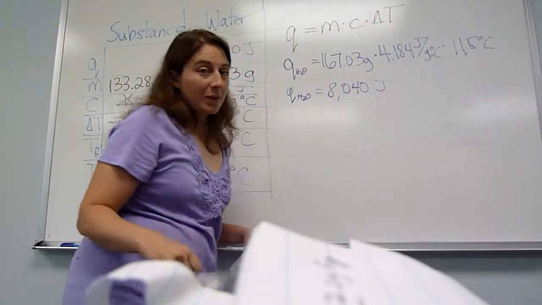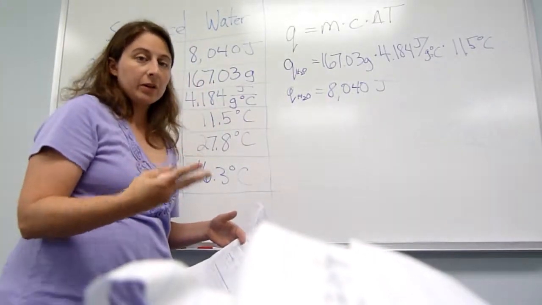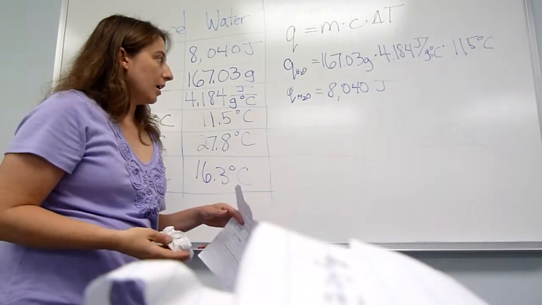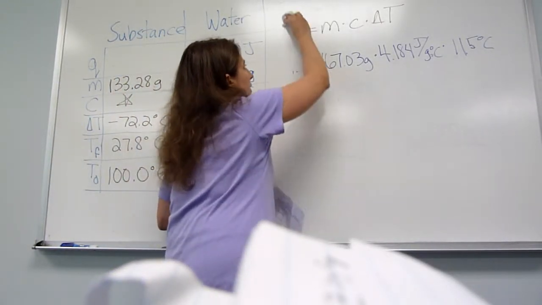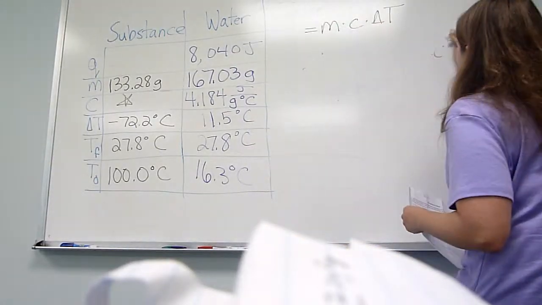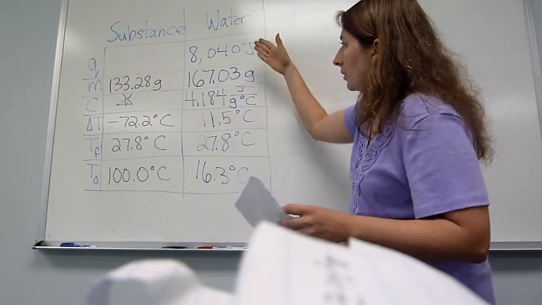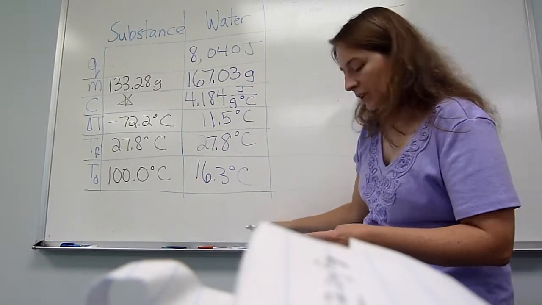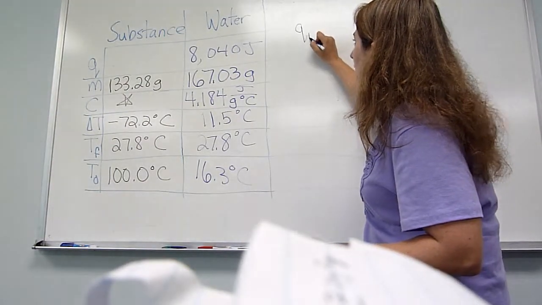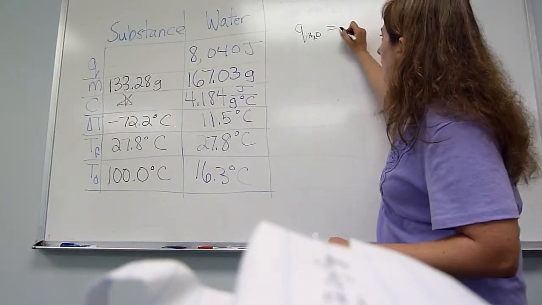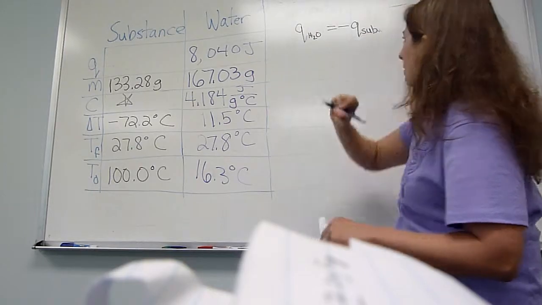And in this case, it's not a metal, just so you know that everything that is a pure substance, an element or a compound, everything has its own characteristic specific heat, not just metals. Okay, so now that we know Q of water, our other important calorimetry equation: all of the heat that the water gained came from the substance.